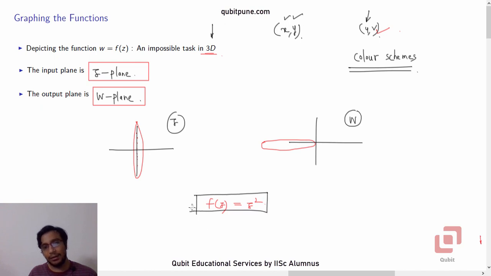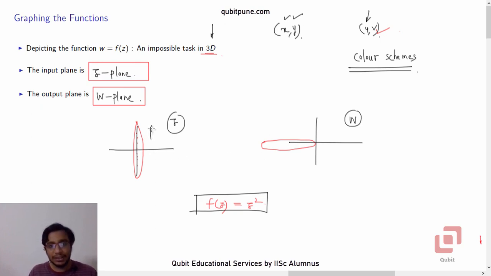At a time we can think of what happens to a point or a line or in general any curve. But we cannot consider the entire z plane because it is the domain of the function z squared, and we may not get a good idea of what's happening.